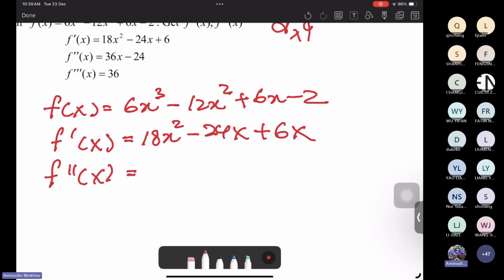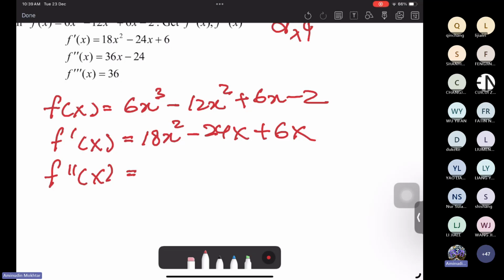For the second derivative, f double prime of x, the second derivative is the derivative of the first derivative, or second differentiation of the first differentiation.